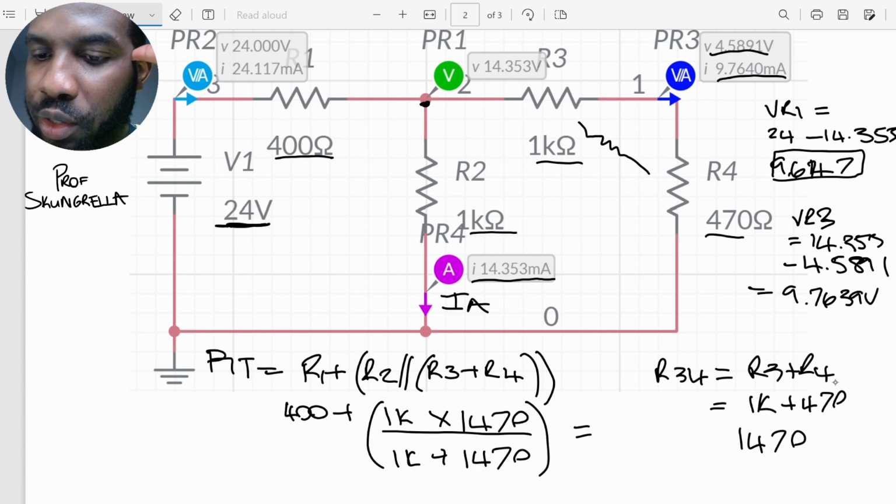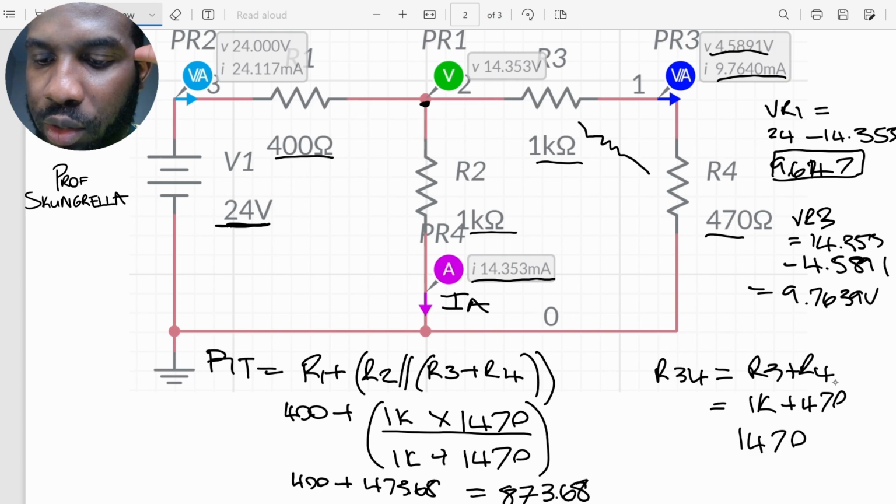Right, the total resistance here is 473. Okay, when I add this to 400, it becomes 873.68.